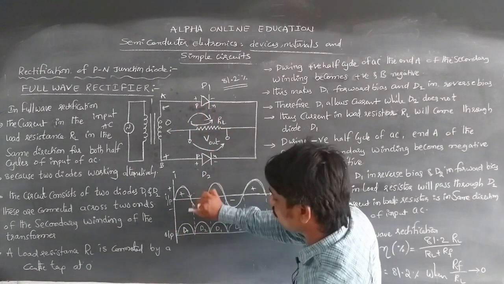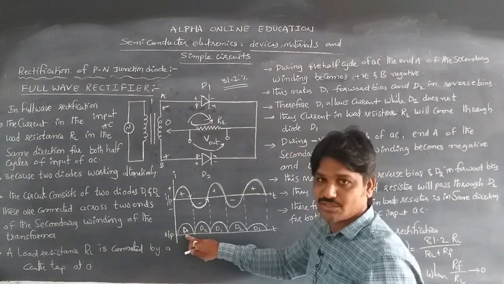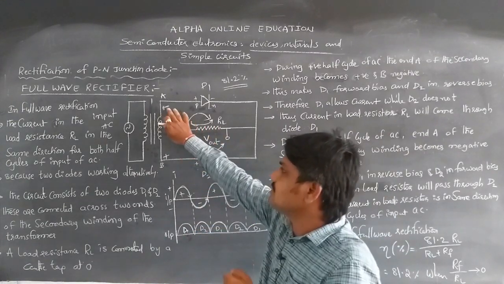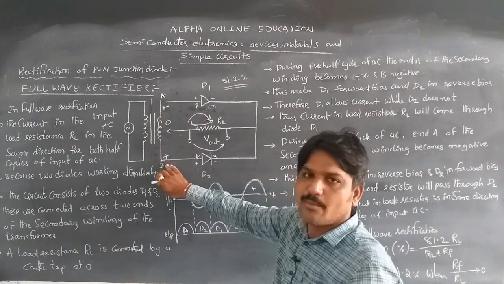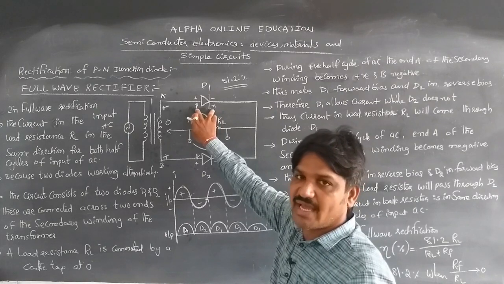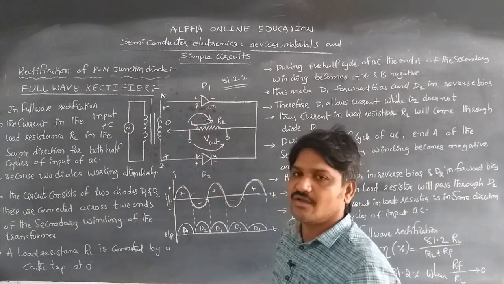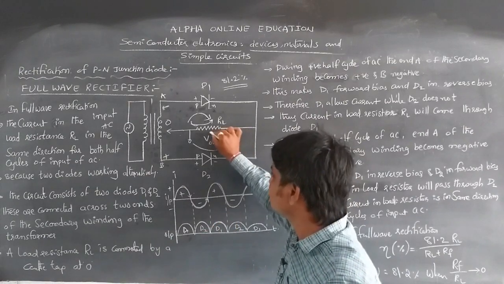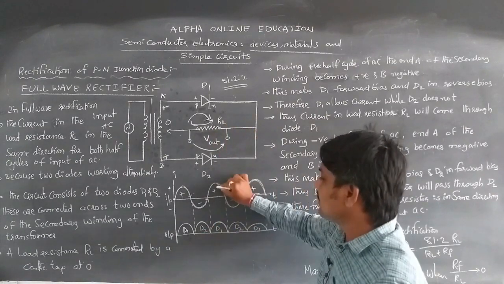So the output here is due to D1. Whenever the negative half cycle is given, A becomes negative and B becomes positive, so D1 becomes reverse biased and D2 becomes forward biased. Again we can get the output in the same direction, the same as the positive half cycle.